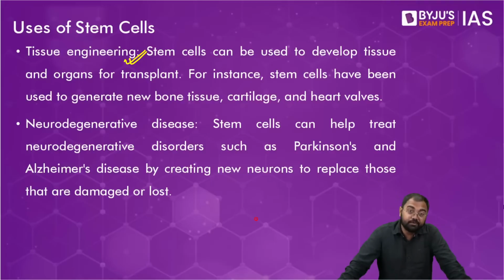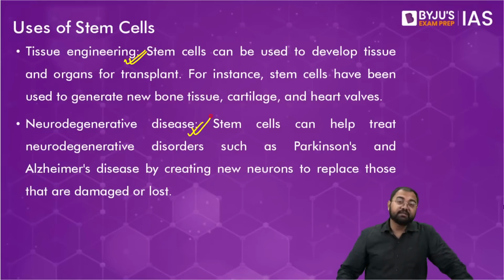In those kinds of cases, tissue engineering can be used to repair the damage. And also in neurodegenerative diseases it can be useful. Diseases such as Parkinson's or Alzheimer's, in these kinds of cases also it can be very useful.